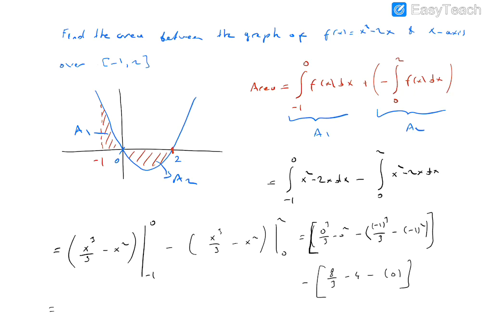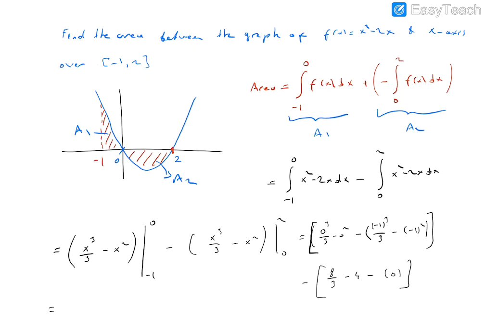This is 0, minus minus 1 over 3 minus 1, so minus 1 over 3 minus 1 is minus 4 over 3.